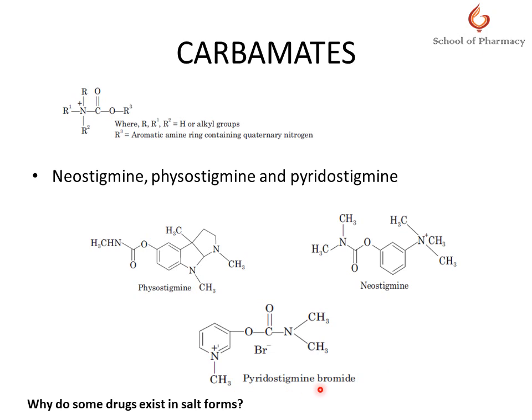So let's discuss why I have written pyridostigmine bromide, because some drugs exist in salt form. And why do some drugs exist in the salt form? Because 50% of all drug molecules in the market exist as salts in the form of hydrochloride, sodium or sulfate salt. Why?